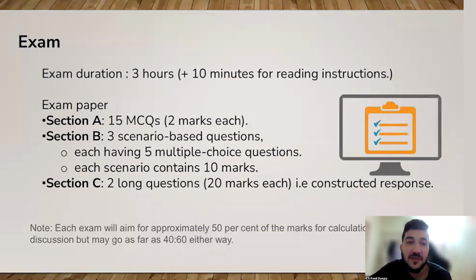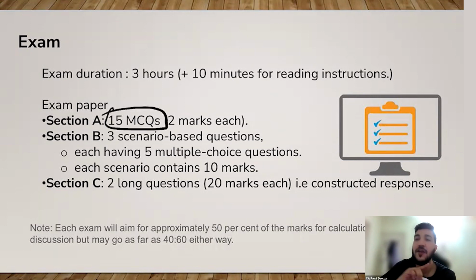And your examination is divided into 3 sections: section A, section B, section C. First, you will get 15 MCQs, which you will knock out of the park, straight out. You are going to knock it out of the park for sure, because we are going to go through so many of the multiple choice questions. I believe that we are going to exhaust all the multiple choice questions and we will not have anything left, right?